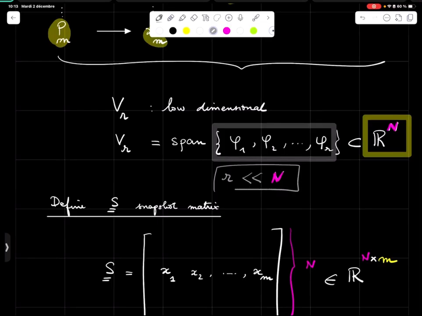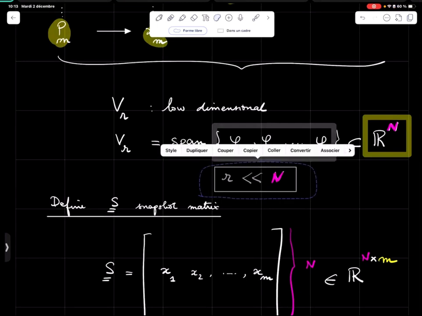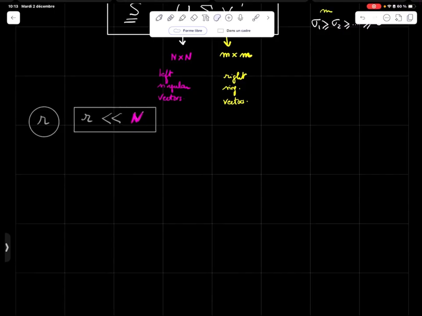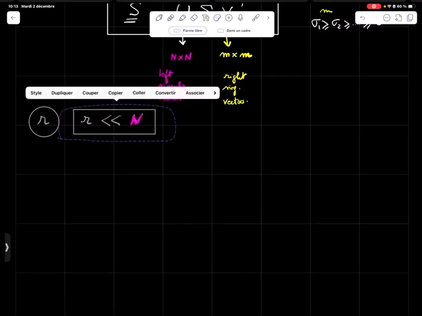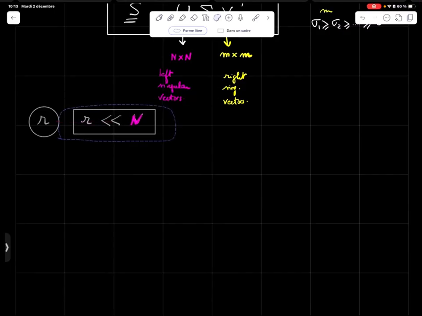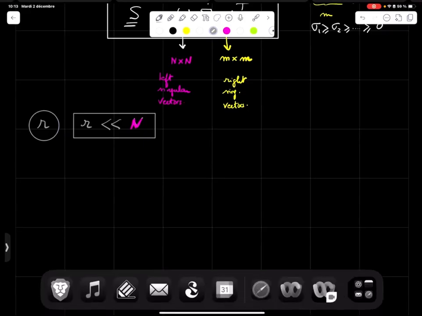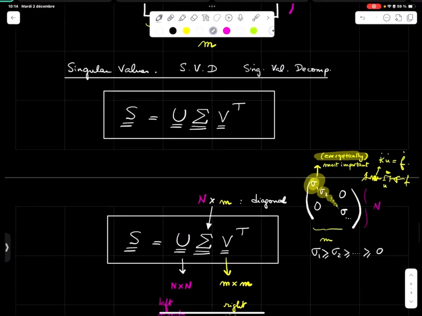Yes, this R is much smaller than N, and this is what governs the size of the snapshots. We already looked at that here.